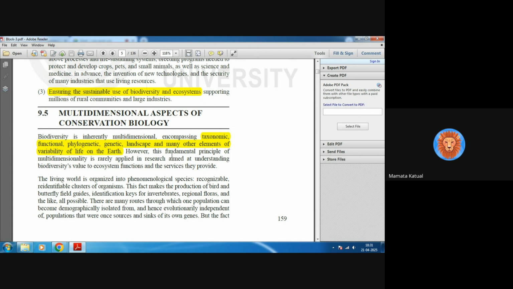Then we have to study also the landscape, because the landscape contains the living organisms, biodiversity, and many other elements of variability of life on Earth. So we have to study the variability of life, and many of these aspects.